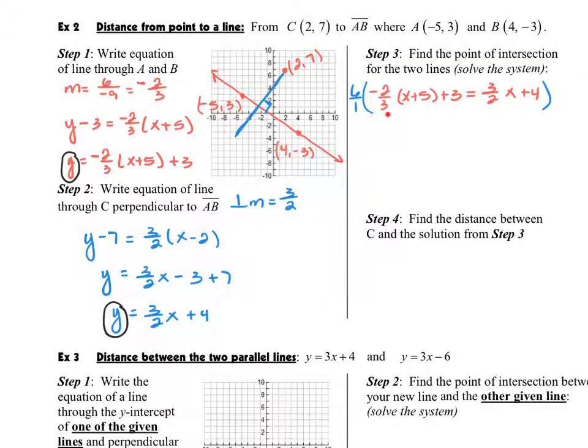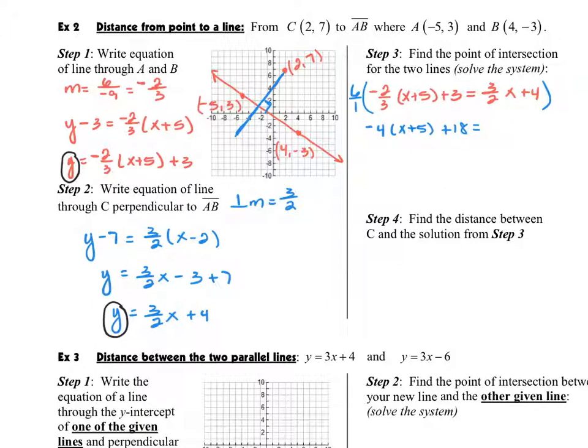So 6 times a negative 2/3 is going to give me a negative 4. I still have the x plus 5. I need to distribute that 6 all the way to the 3, so I'll have a plus 18. I'm going to distribute that 6 all the way over here.